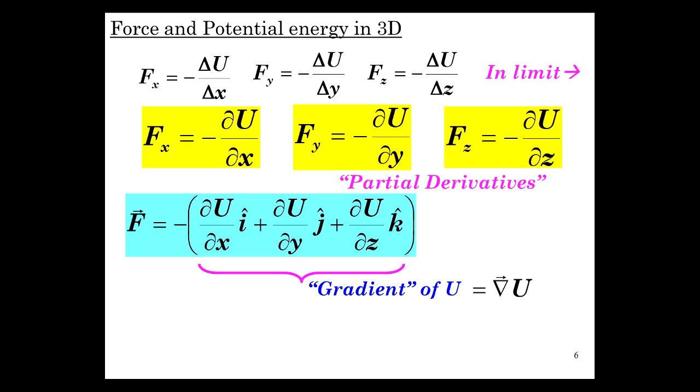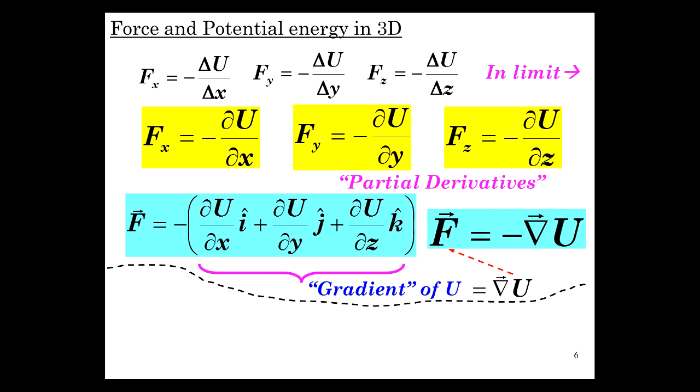That upside down delta is grad, otherwise known as the del operator. Thus we can express the force as simply minus grad U, and that symbol does a whole lot for us.